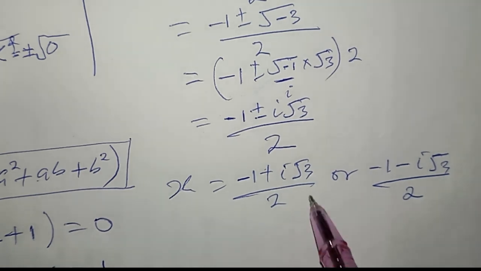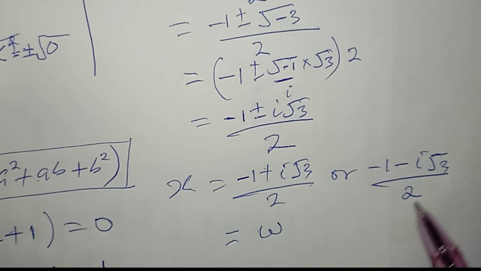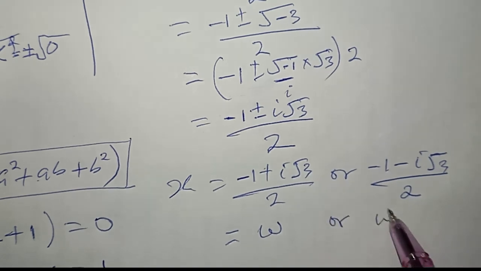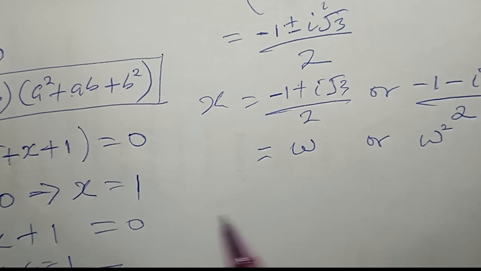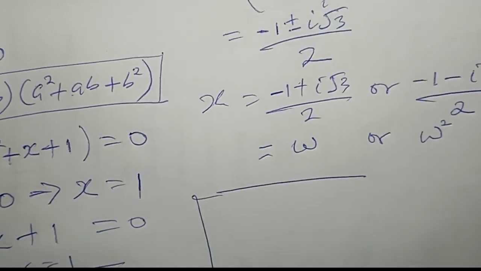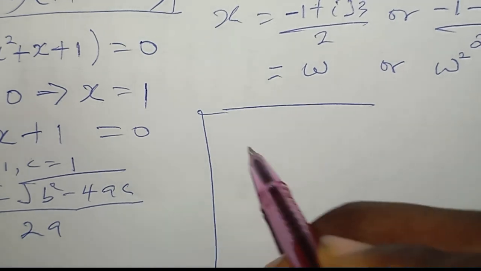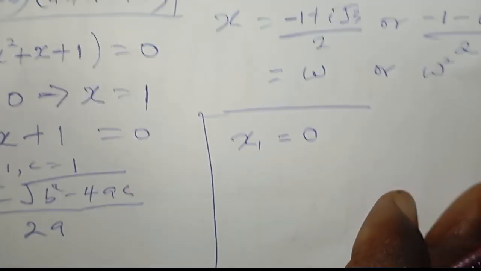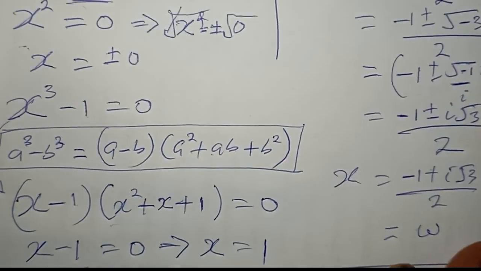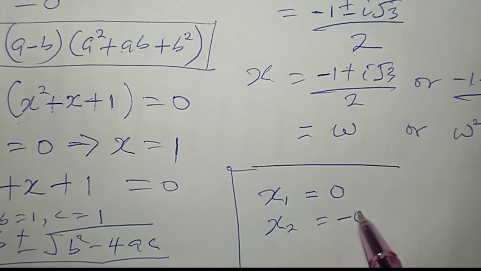Okay, and of course if you remember, this is actually the omega, and then this one is actually omega squared. So we are getting from here the 5 values of x that will satisfy the equation we are solving: x1 is equal to 0, and that is of course the first one we got right here, plus or negative 0, and then x2 is negative 0.